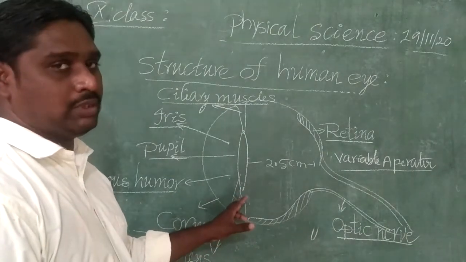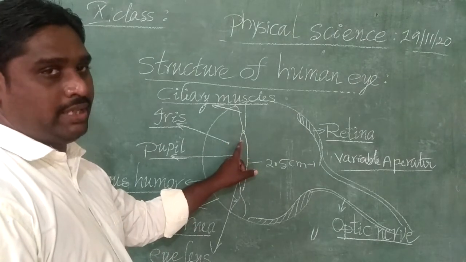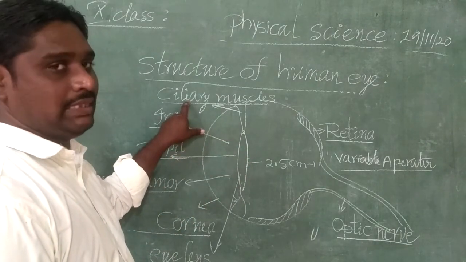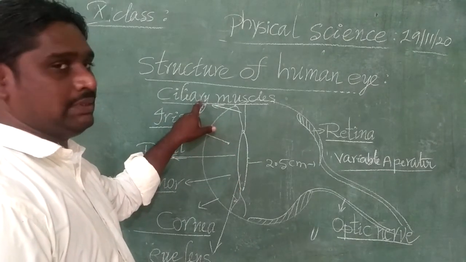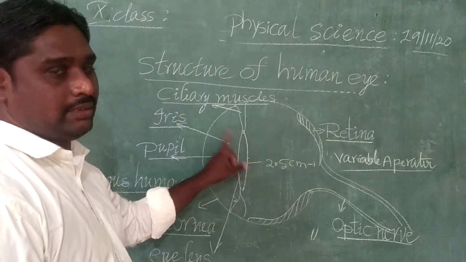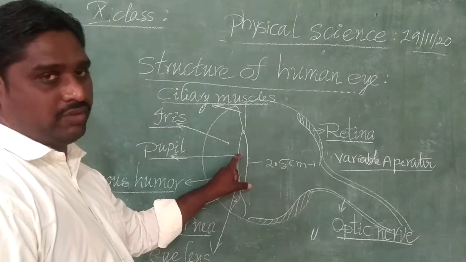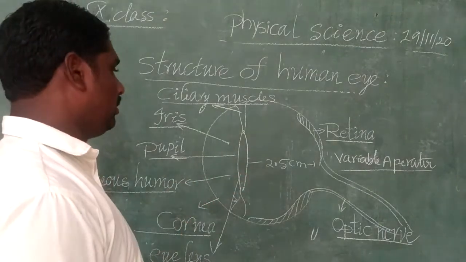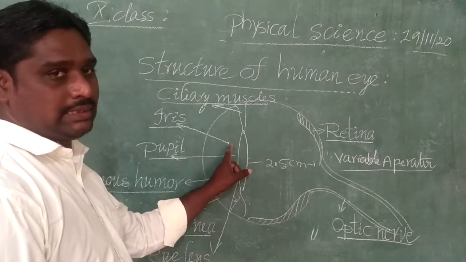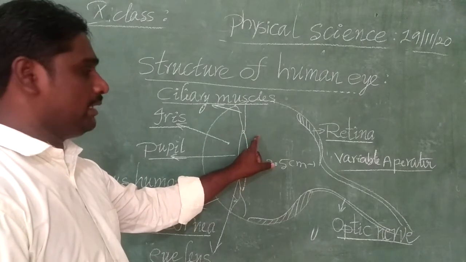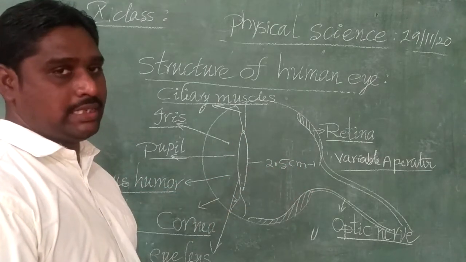How does the eye lens change its focal length? With the help of the ciliary muscles, which are attached to the eye lens, it changes its focal length by changing its radius of curvature. When we focus on a distant object, the focal length of the eye lens is at its maximum, equal to the distance between lens and retina, 2.5 centimeters.